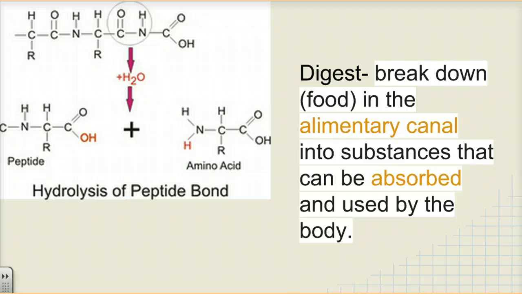In most cases, whenever our body breaks these molecules, water is released, and the process of breaking molecules and releasing water is called hydrolysis. Here is an example of hydrolysis in peptide bonds, because we're breaking a peptide bond in this protein.